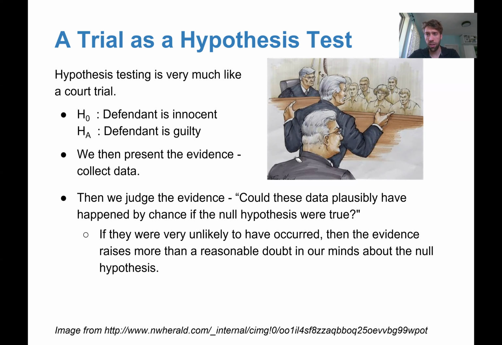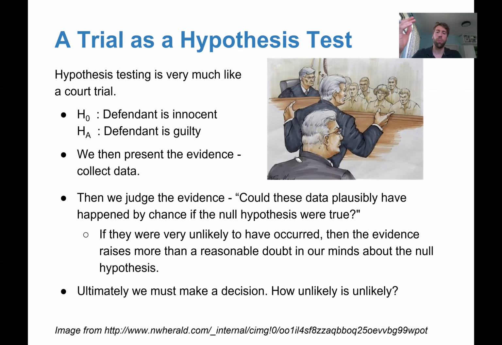And in statistics, everything's assumed independent until proven dependent. I'm going to say that again, because this is the ultimate metaphor for what we're doing the rest of the class: in America, you're assumed innocent until proven guilty, and in the hypothesis test, you assume everything's independent until proven dependent.